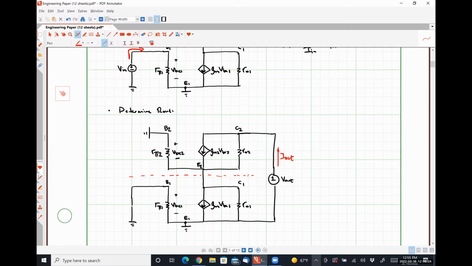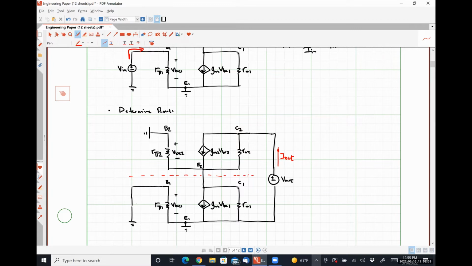R naught 1. Everything below the dashed red line looks like a resistance R naught 1 connected between this node and ground. Are we all okay with that? That is the same as having a resistance R naught 1 in parallel with this resistor R pi 2. It's literally between this node, which I've labeled E2, and ground, right?